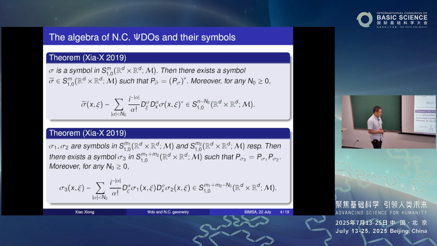Here we have to take the derivatives of the symbols sigma 1 and sigma 2, and then take a linear combination of them, and then we can get the asymptotic expansion formula for this sigma 3 for this new composition operator.